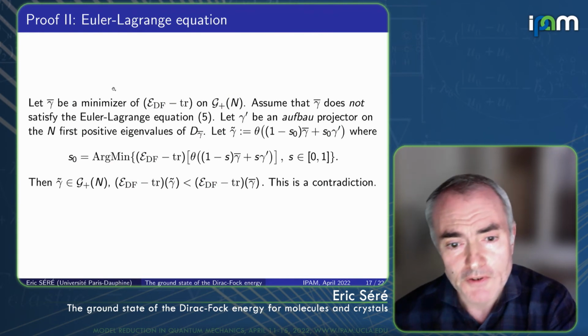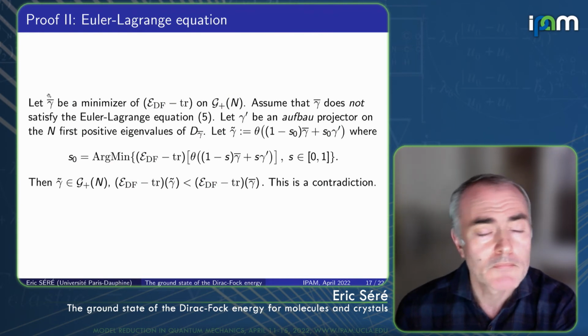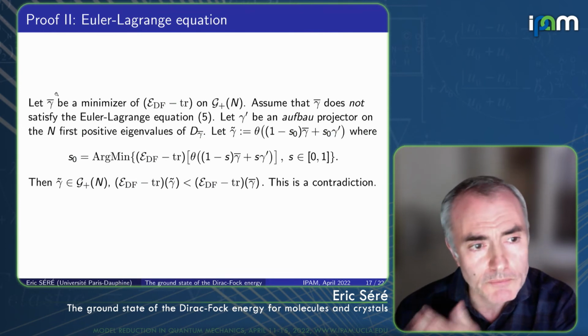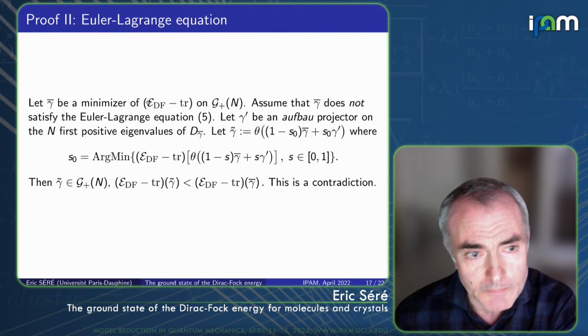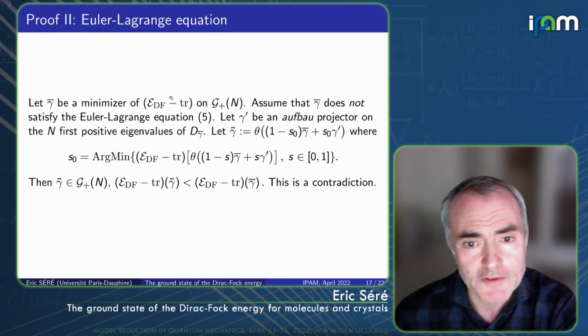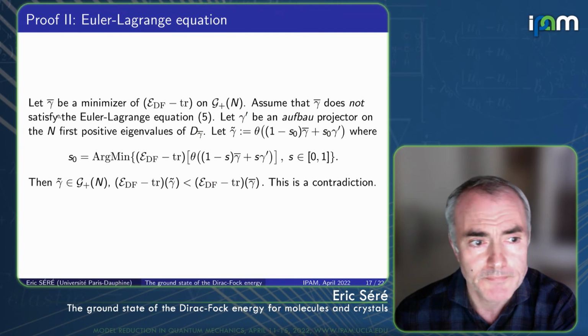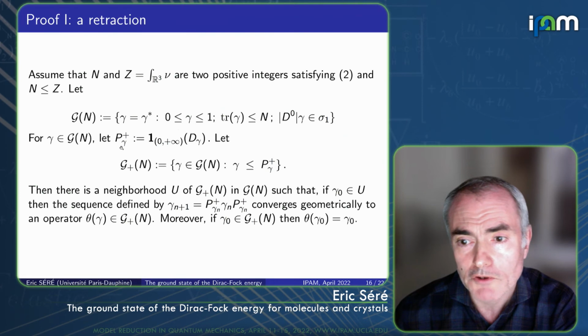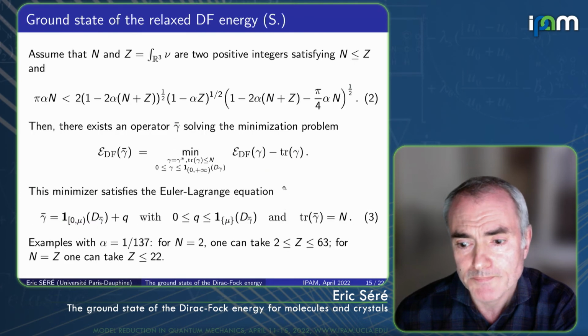Okay, so now how do you use this retraction? Well, let us admit it needs some functional analysis, but one can prove that the Dirac-Fock energy has a minimizer on Gn plus. Once you found it, call it gamma bar. We are going to prove that it satisfies the Euler-Lagrange equation I am interested in, okay, which is this one. It's number 3.